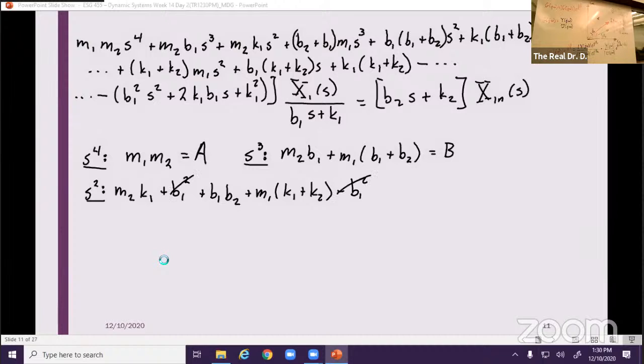And that's nice because these two go away. We've got b1 squared and minus b1 squared, so those will cancel, and that will leave us with m2 k1 plus m1 k1 plus k2 plus b1 times b2, and I will call that C.